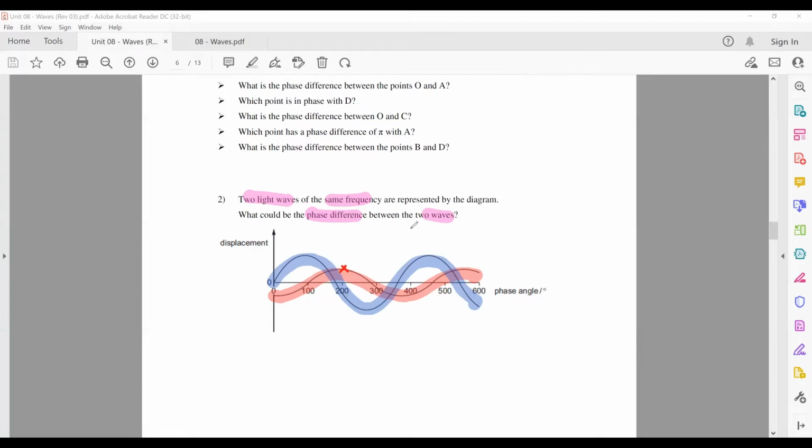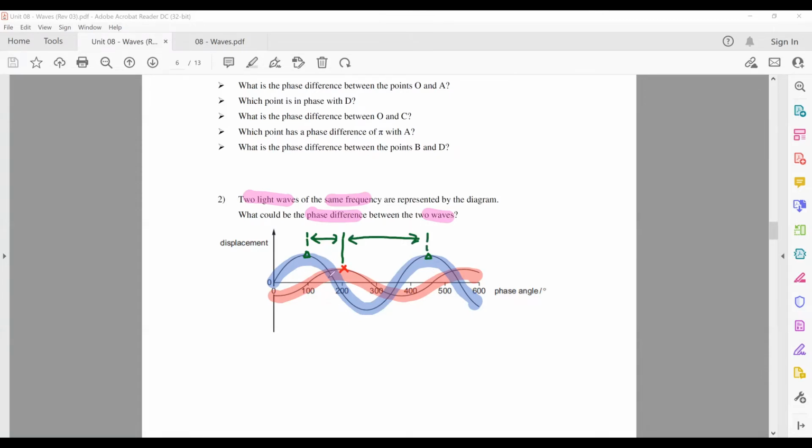So it could be this one or this one. Now my phase difference could be represented by these 2.